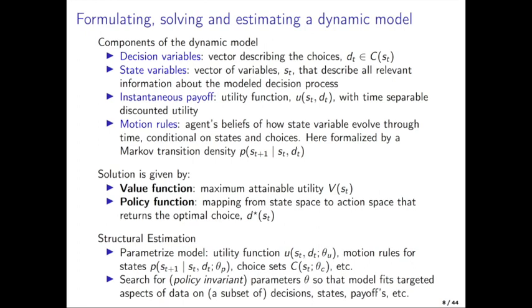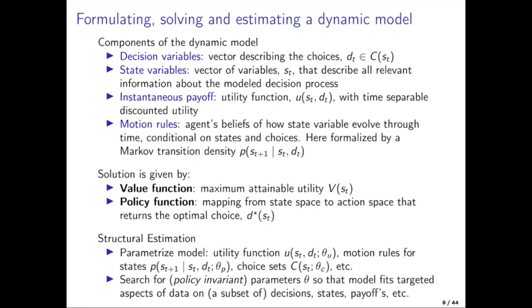So how do you find those? Well, you use dynamic programming, and we've already covered that in previous parts of the course: you can solve these models by successive approximations, like value function iterations or policy iterations if it's an infinite horizon model, or by backward induction if you have a finite horizon model.